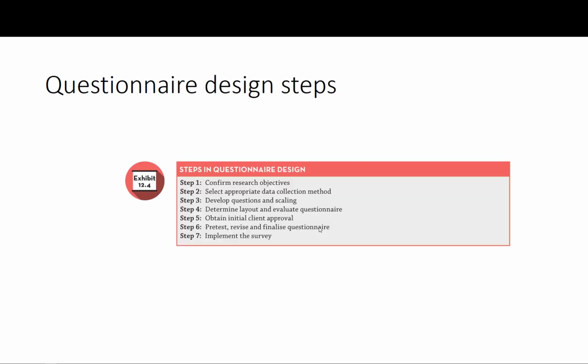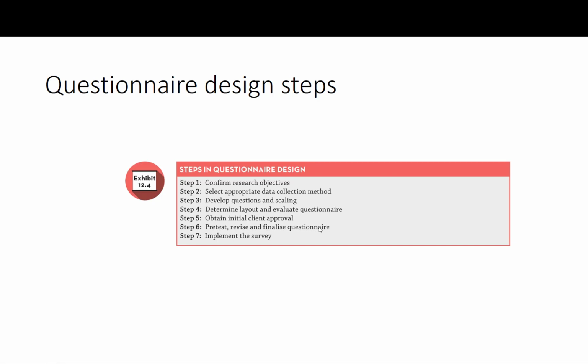So in designing your questionnaire, we have 7 steps. As always, you need to confirm the research objectives. What is it that the questionnaire is trying to measure? And the important thing about questionnaires is this is very much about measurement. We need to look at selecting the appropriate data collection method.